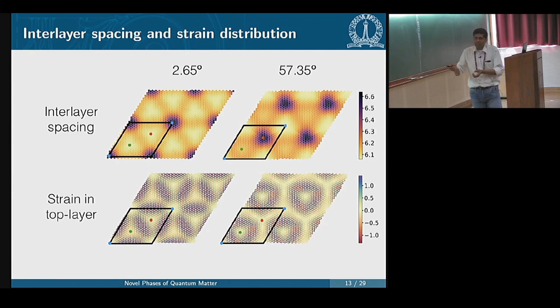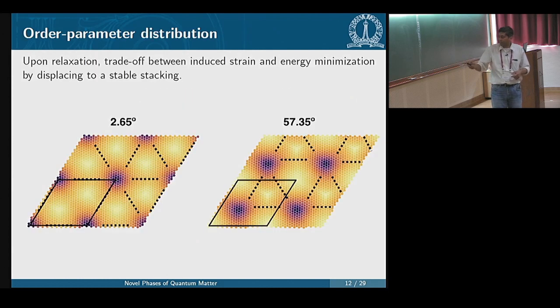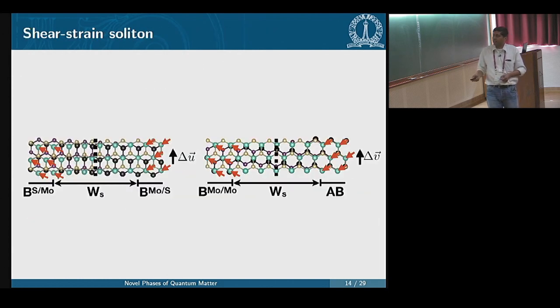If you start looking at the strains in each of the layers, you can ask how the bond length changes in each layer. You find that some of the regions are actually strain free, and the strain is confined to some regions around these lines that I had drawn previously. And so the question is, what is actually happening at these lines? If you look at these lines, the order parameter on one side points in one direction, and along the other side it points in the other direction.